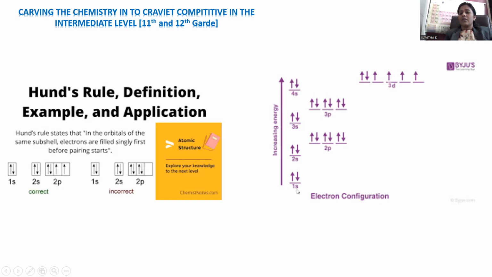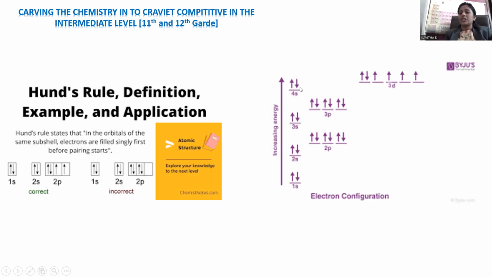The 1s orbital is occupied with two electrons, because this energy level is the lowest one. Later on the 2s orbital gets filled, and 2p is also completely filled because we have 26 electrons here. 3s is also filled, 3p is also filled. All these are called inner shells.